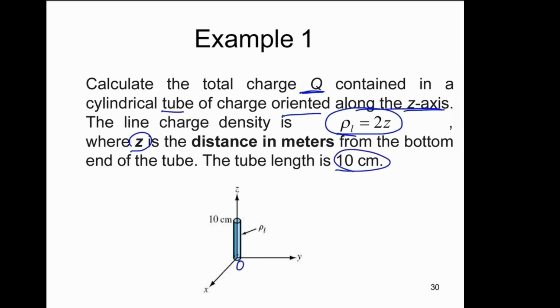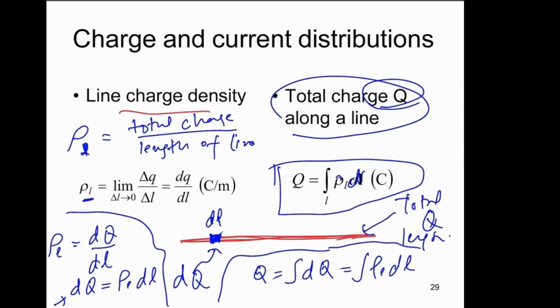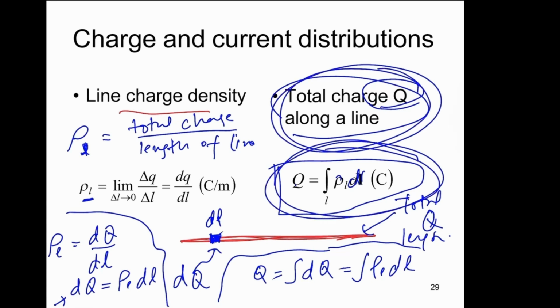So 0 here, 10 centimeter, Z, and rho L here. Calculate total charge. Given is rho L, line charge density, and length is 10 centimeter. Using the formula for line charge density, total charge along line, Q equal to integral of rho L dl.